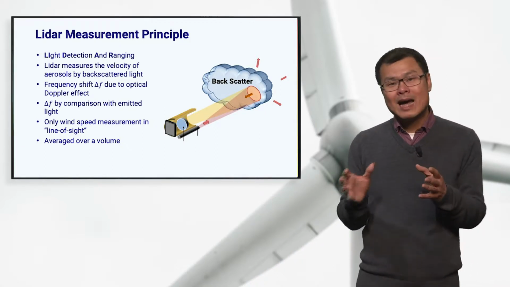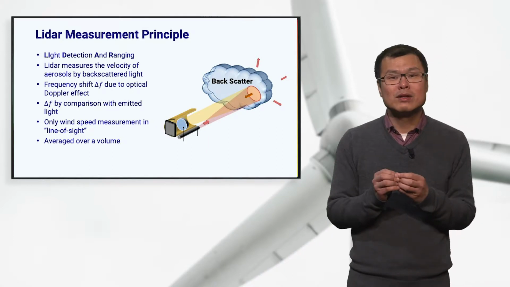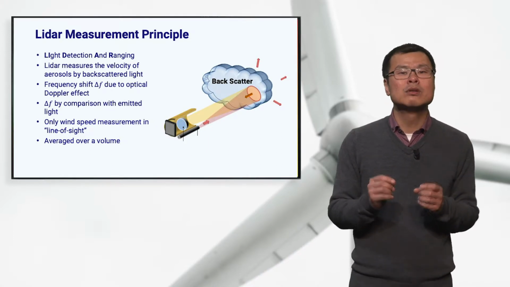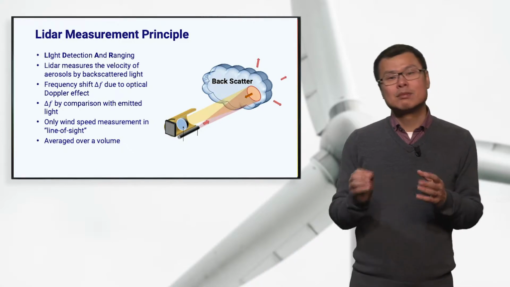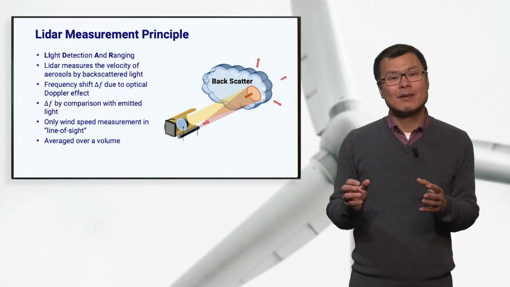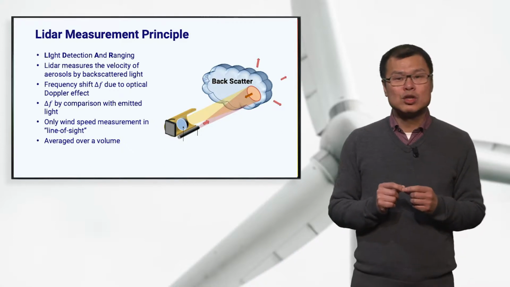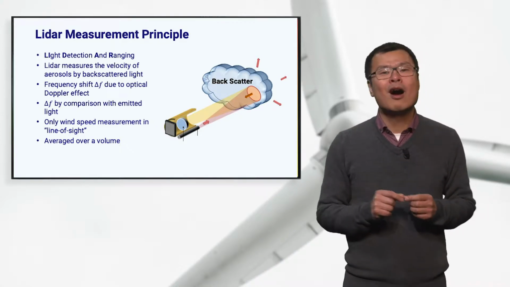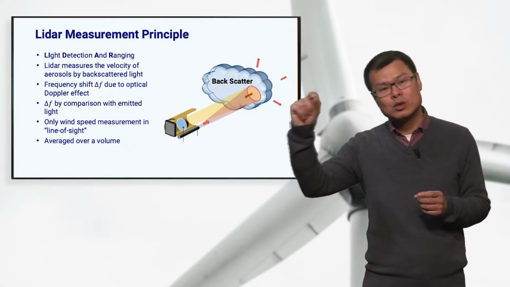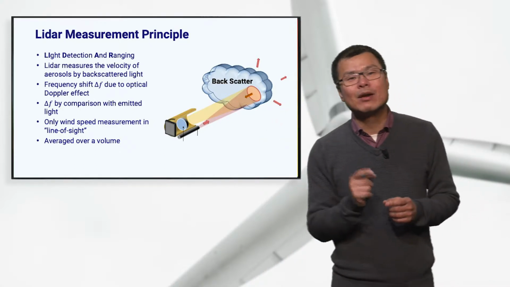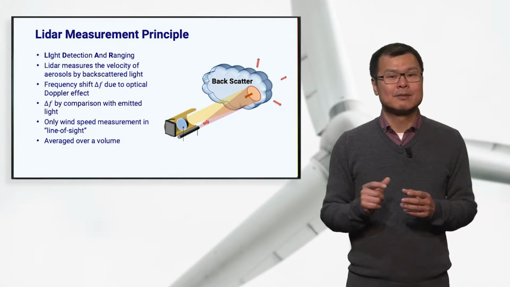The backscattered light will have a slightly different frequency than the original light signal. This is because of the Doppler effect that causes a frequency shift. By looking at the frequency shift, we can determine how fast the aerosols are moving and indirectly the wind speed.